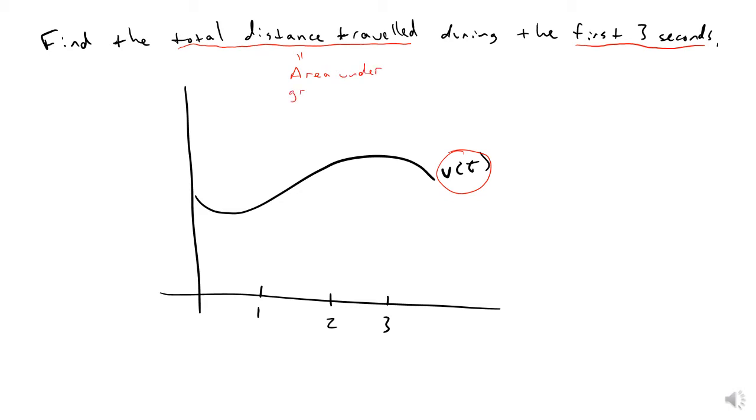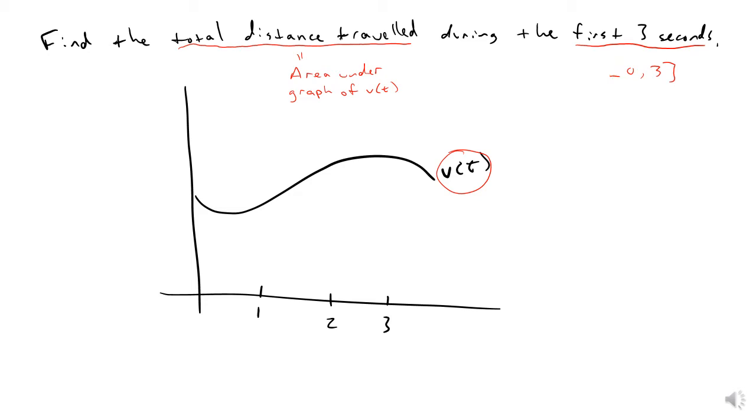So the area under the graph of v of t, and the time interval that we're talking about here over the first 3 seconds would be the interval from 0 to 3.